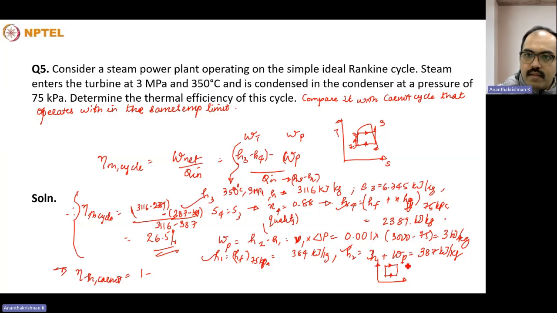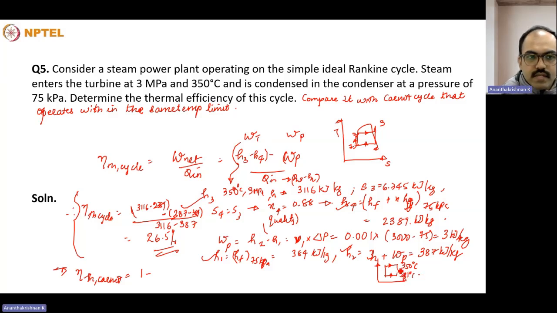The top point will be at 350 degrees Celsius, and the bottom point, in its isothermal process, will be at the minimum, the saturation temperature corresponding to 75 kilopascal, that will be somewhere around 91 degrees Celsius.